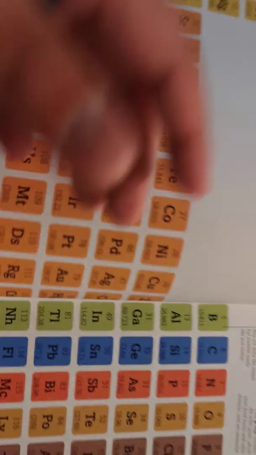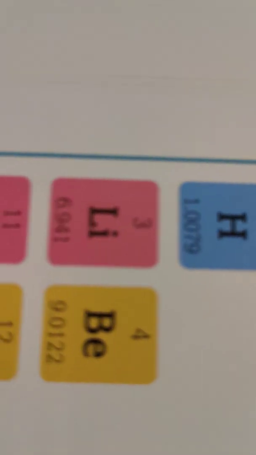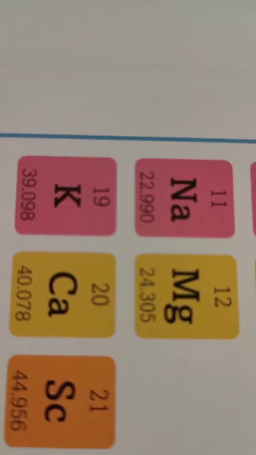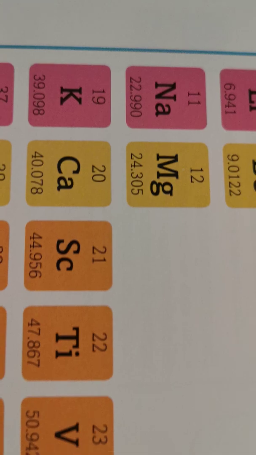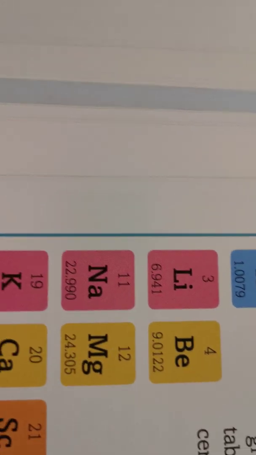Okay. So these are all the elements of the periodic table. You can see number 1 is hydrogen. Just let it focus. Hydrogen, lithium, Be, Na, Mg, K, Ca, Sc, Ti, V, all the way on. So I'll just give you guys a scan through them.